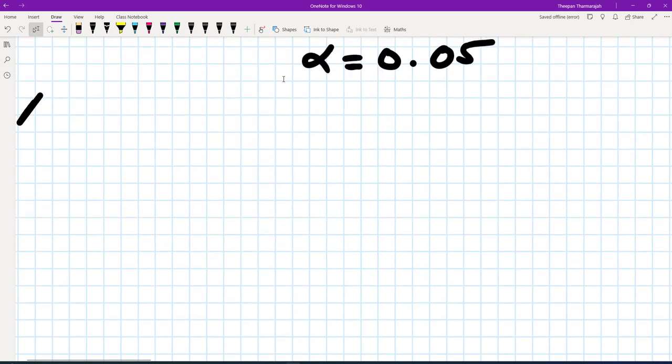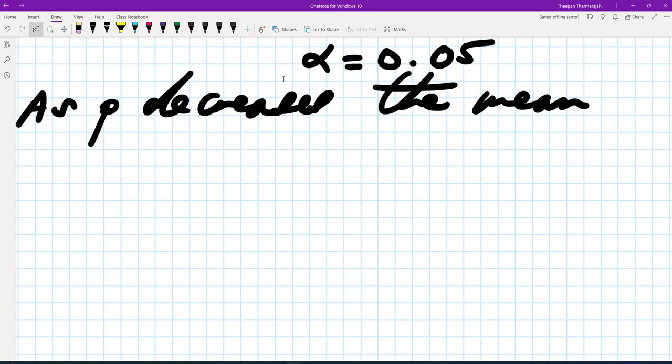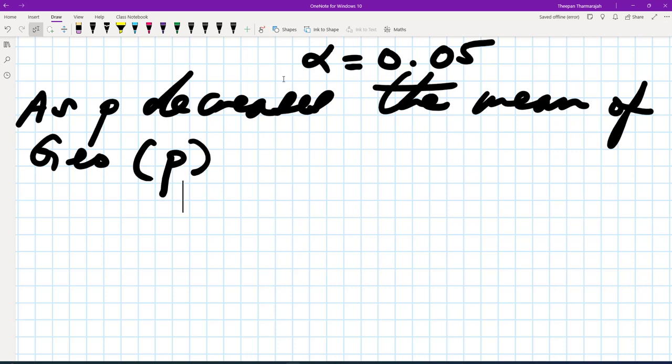You must state this: as P decreases, the mean of the geometric distribution increases.